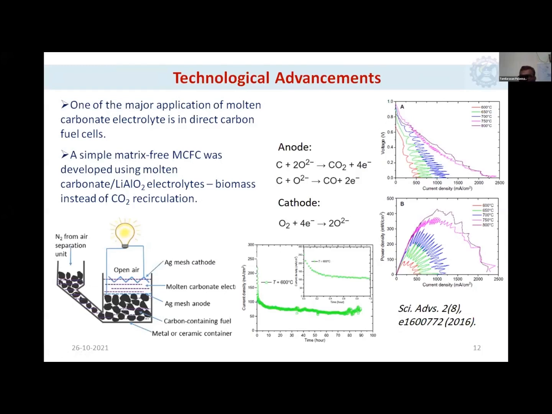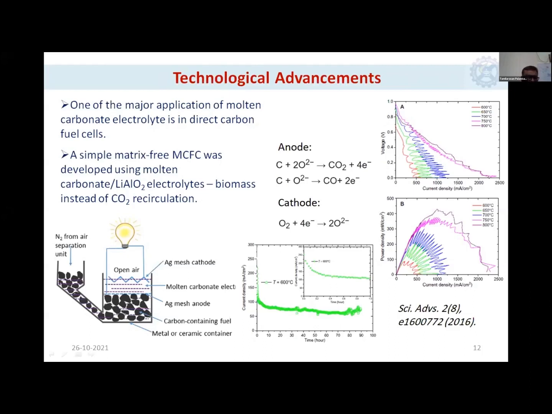At the anode, you are not supplying hydrogen, you are supplying elemental carbon, and this elemental carbon takes these oxygen ions to produce carbon dioxide if it is a 4-electron reaction, or carbon monoxide if it is a 2-electron reaction. At this point, you would have understood the requirement of a suitable catalyst to promote the 4-electron reaction, because carbon dioxide is less harmful compared to carbon monoxide. Carbon monoxide is more harmful, as everyone knows. So this is the basic mechanism in the cell.